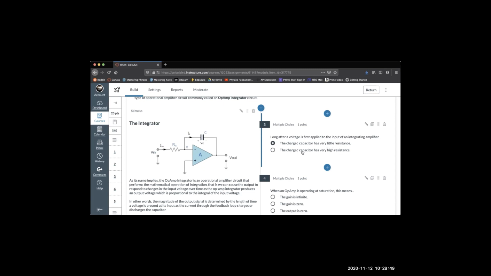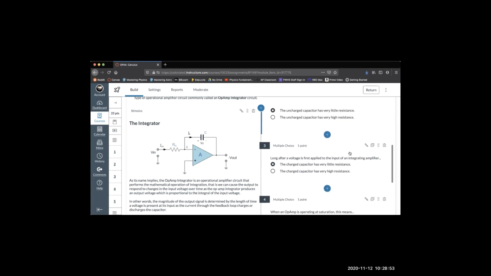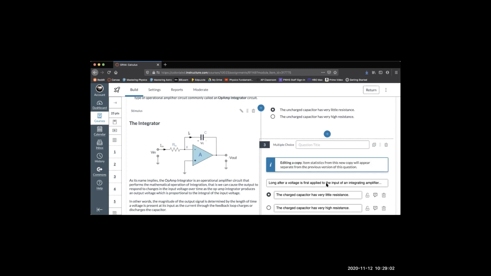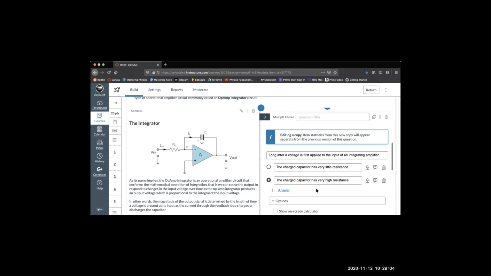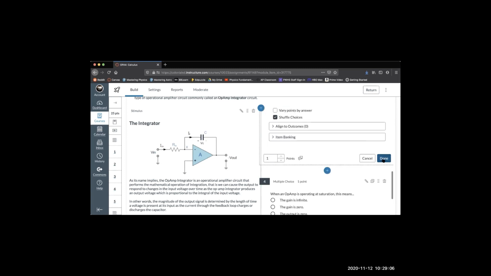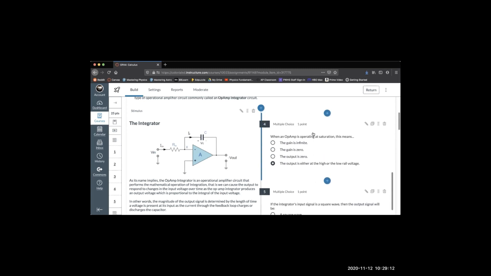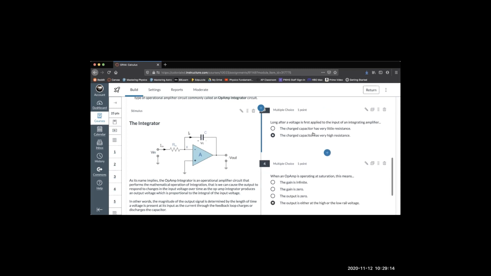But long after, the charged capacitor has very high resistance. It's the opposite. The answer to 3 is the opposite of answer number 2. The answer should be the charged capacitor has very high resistance. Now I need to change the answer key. Very high resistance. Wow. I think I just got confused because it's the same question at a later time. Very high resistance. Good, I fixed that.